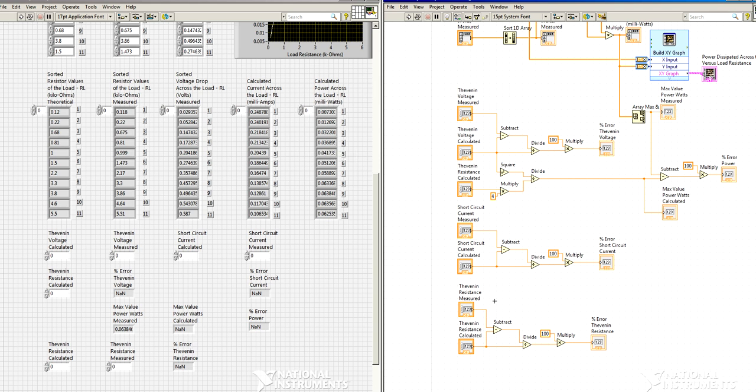The same is then done for the Thevenin resistance. The Thevenin resistance we measured early in the laboratory is compared against our Thevenin resistance calculated in the pre-laboratory report. That difference is then divided by the calculated value for the Thevenin resistance, multiplied by 100, and that provides us with our error.